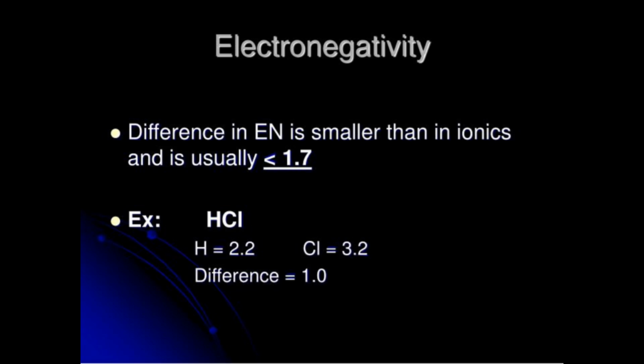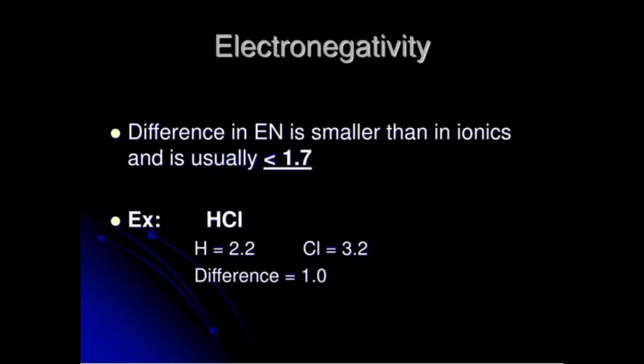For covalent bonding to occur, the difference in electronegative value of each atom combining together must be smaller than that of ionic bonding, and is usually less than 1.7. What we mean is that the difference must be small. For instance, in a combination of HCl, which is a covalent bond, and like I've said, it's a single covalent bond, it is heteronuclear.